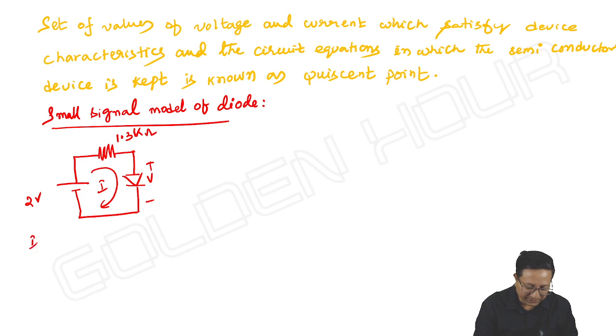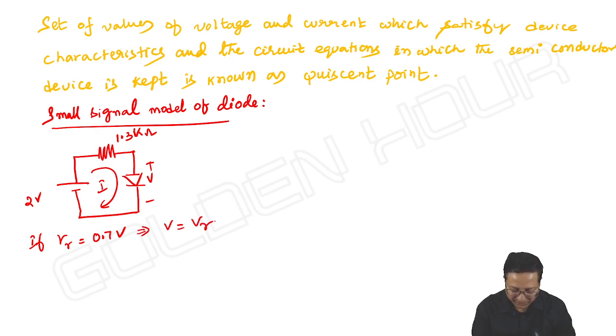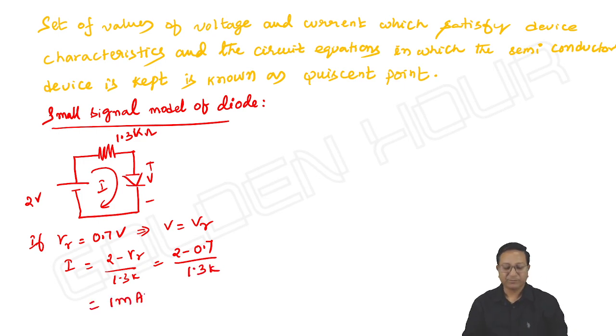Then if V gamma is equal to 0.7 volts, it is given. Then what will be I? V is equal to V gamma we are taking and I is equal to (2 minus V gamma) by 1.3 kilo ohm, that is (2 minus 0.7) by 1.3 kilo ohm, it is 1 milliampere.